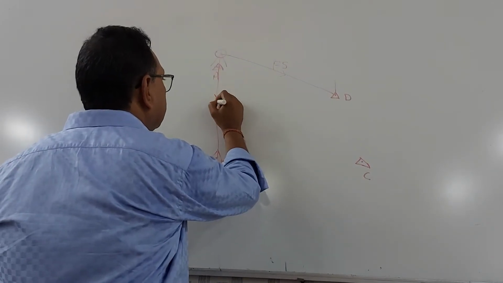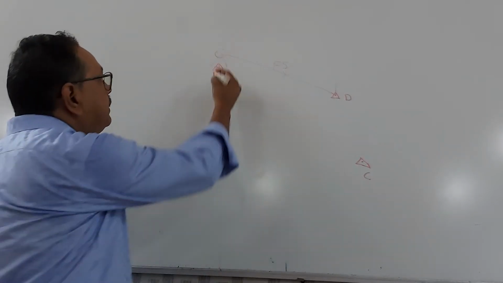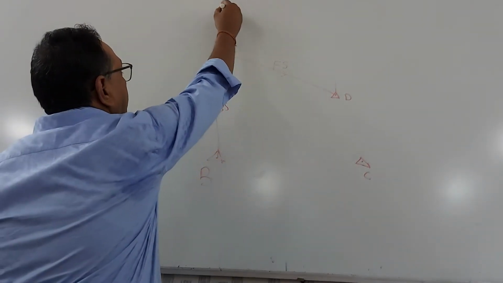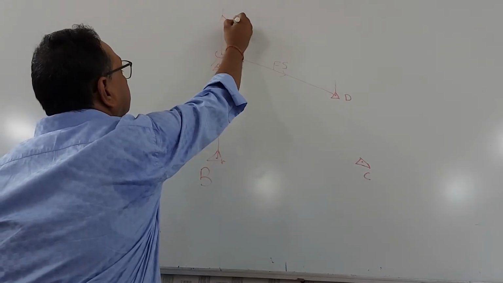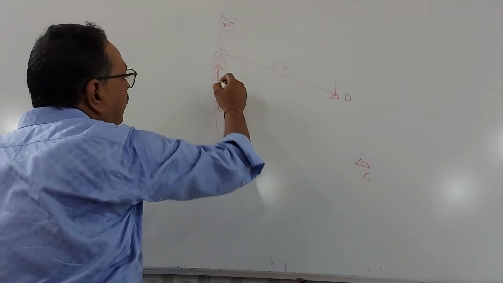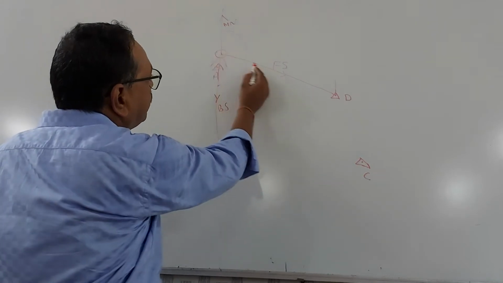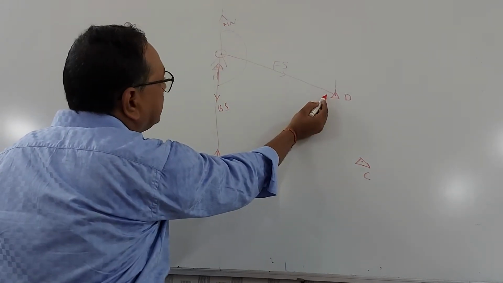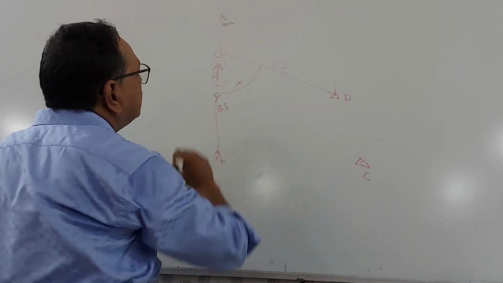Now you have seen here. Right? So the bearing of, maybe, magnetic north MN is here. So the back bearing of AB minus the bearing of AD, that will be this included angle.